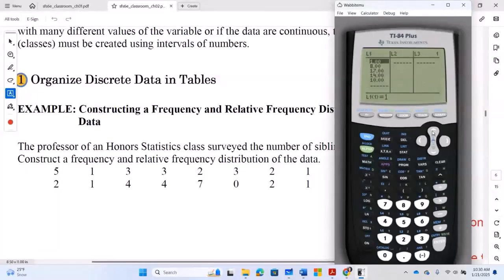So I am going to clear L1, and I'm using the raw data right now.